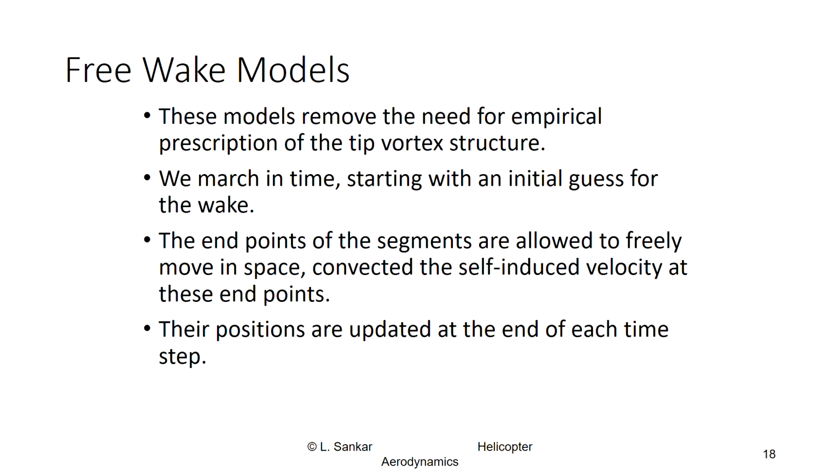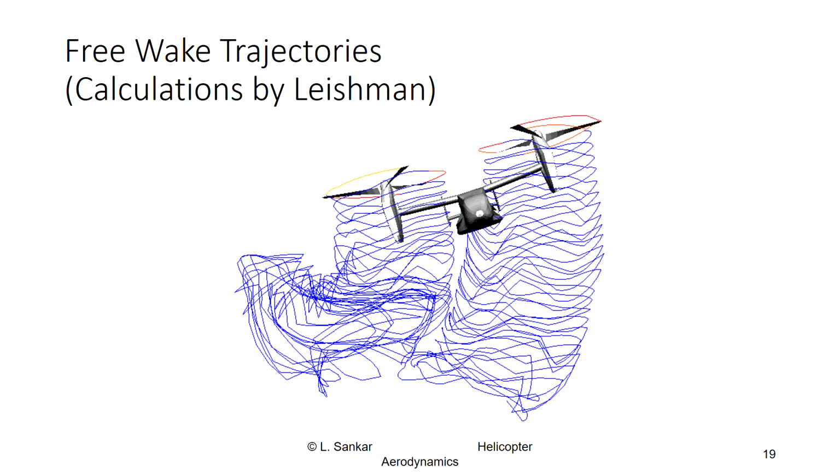Every time step, compute the new induced velocity, not only on the rotor disk for loading purposes, but also on the vortex structure itself, and move the vortex structure by a small distance, induced velocity times delta t, where delta t is the delta psi by which the blade is rotated, divided by the angular velocity omega. If you do this, you'll get a more complicated vortex structure like this. So this is a free wake rather than a prescribed wake.